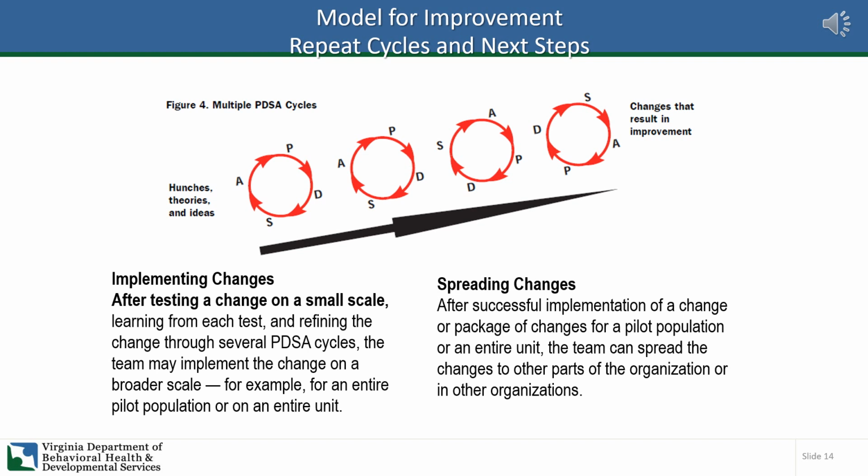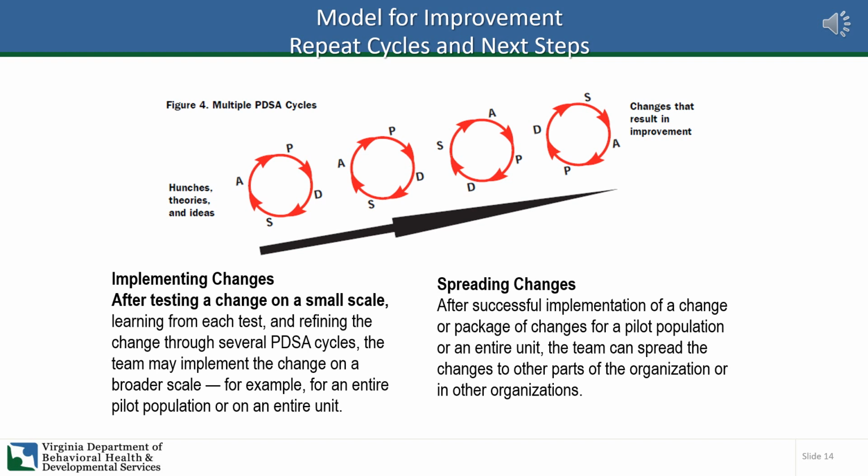So after learning from each test, you will refine your change through several PDSA cycles, and you might implement it on a broader scale. For example, if you had tested it on one day, maybe you test it for 2 days. Maybe then you test it for a week. Or maybe if you had a pilot population, say a small group, then you would go to a larger group.